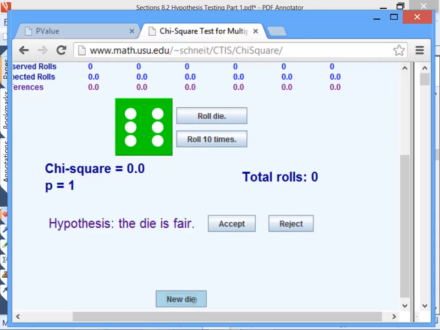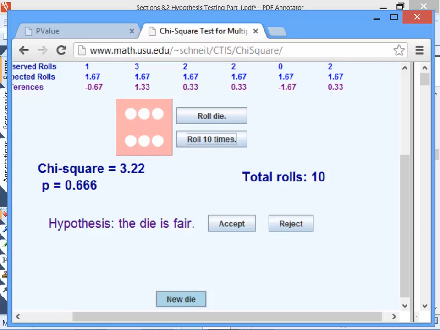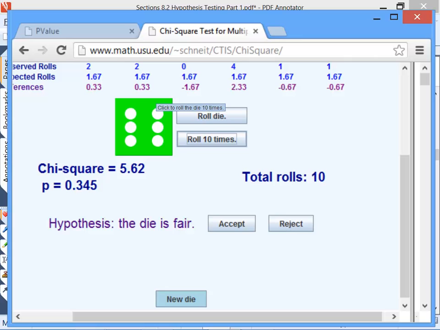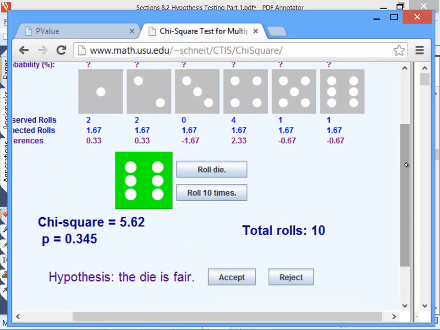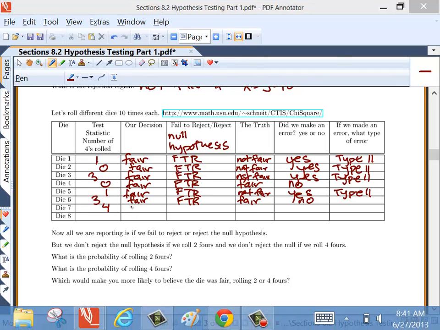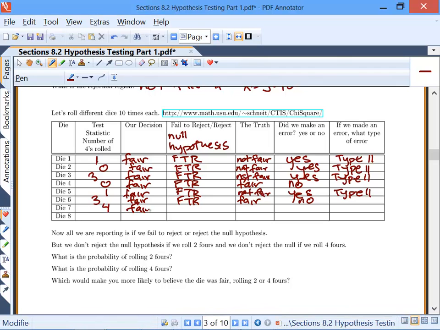So I really want to get a value like 6 or something so we can try that out. Oh, look, we got a 4. Okay, so we got 4 4s, which means we think it is fair, and we will fail to reject.